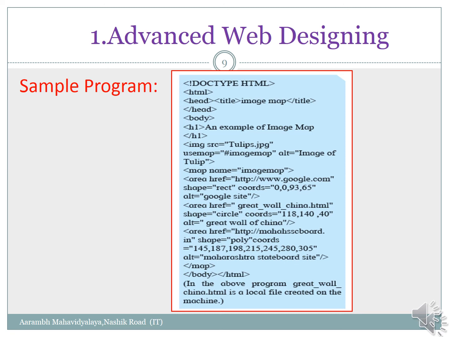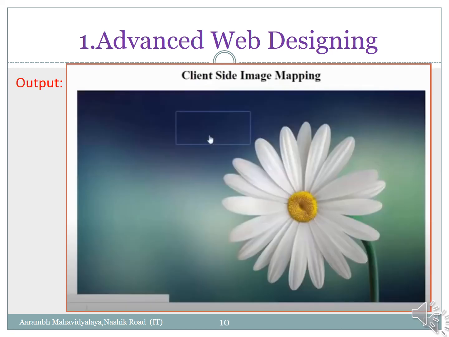Now just check out its output. Here in the output we got the hotspot of the rectangle, and the shape of the mouse is converted into a hand shape.